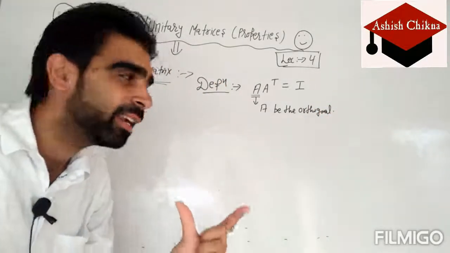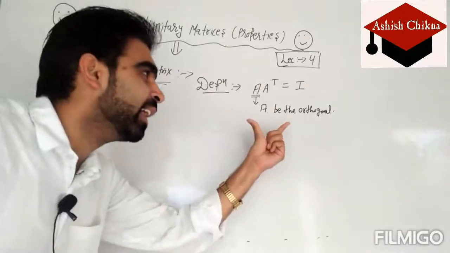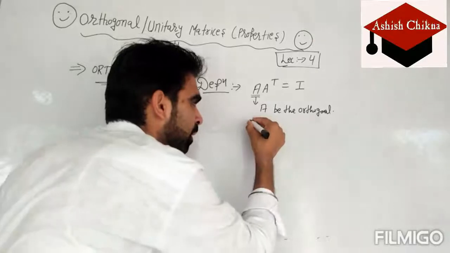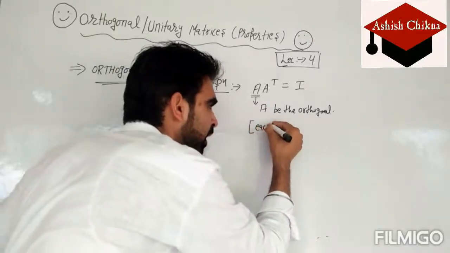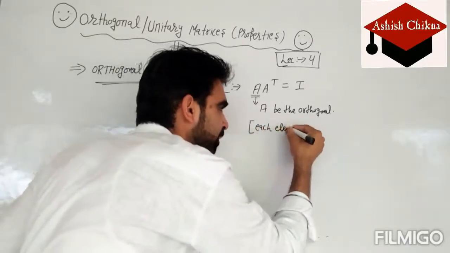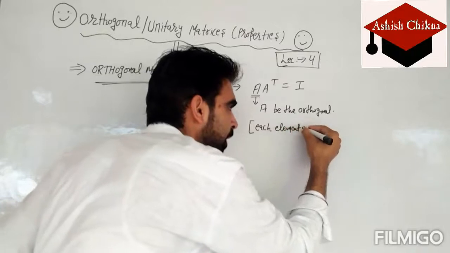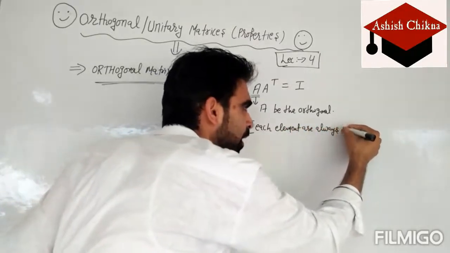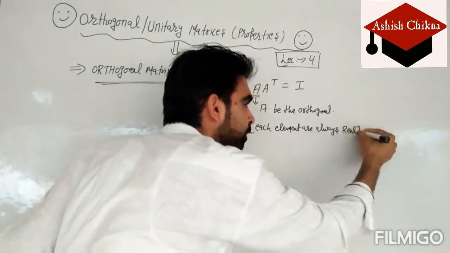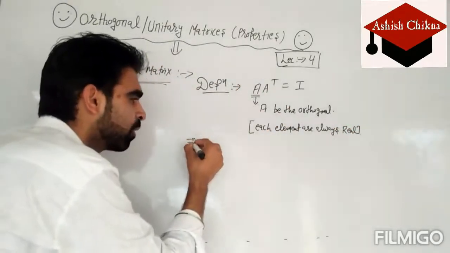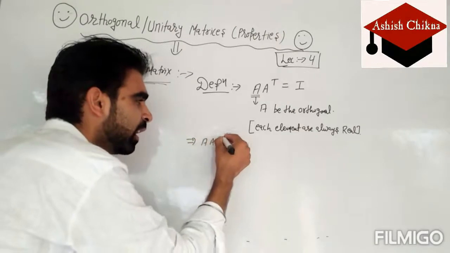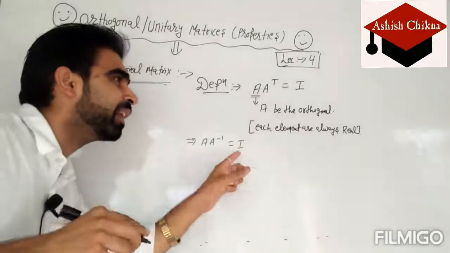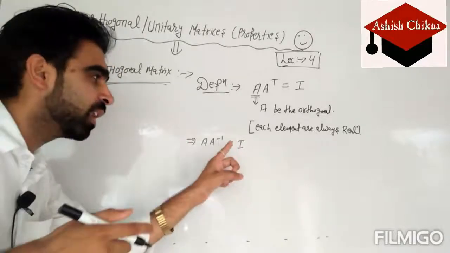Every element of A is always real. Each element is always real. Now A inverse A is equal to I, where I is the identity matrix.